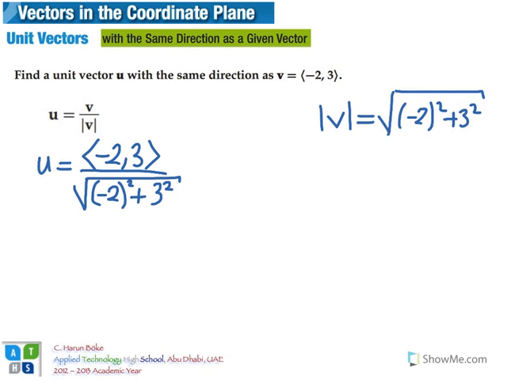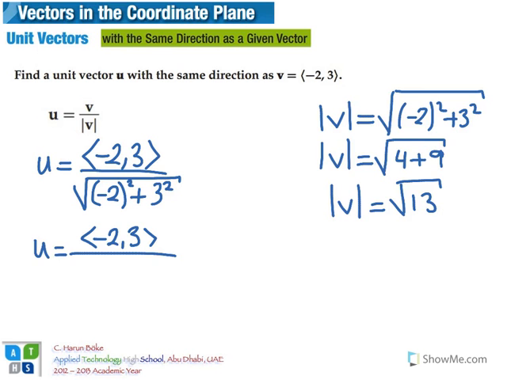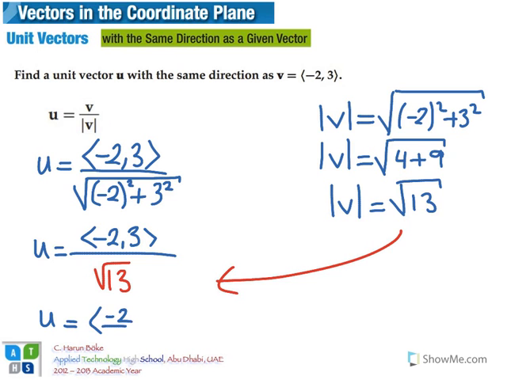So u is the component vector divided by the magnitude, which is square root of 13. So we write the unit vector as <-2 over root 13, 3 over root 13>.